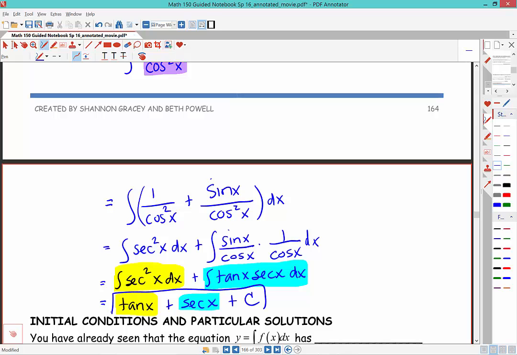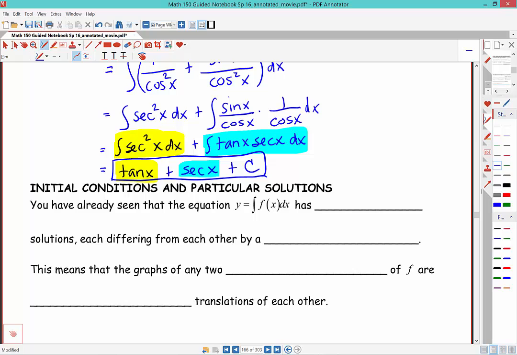All right. So now let's talk about initial conditions and particular solutions. So you've already seen that the equation y equals the antiderivative of f of x dx has infinitely many solutions, each differing from each other by a constant.